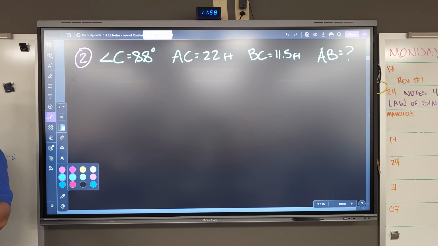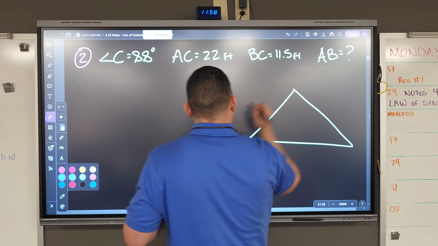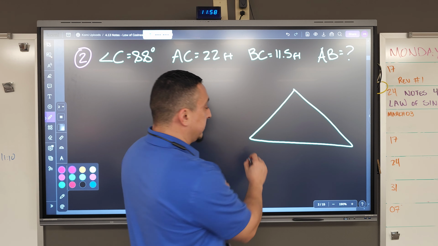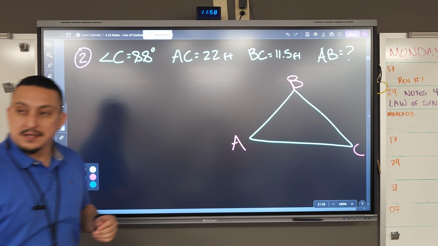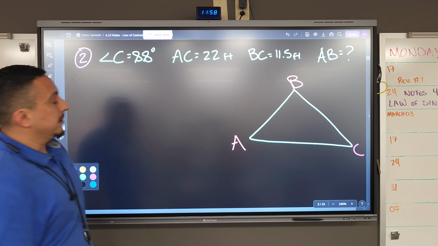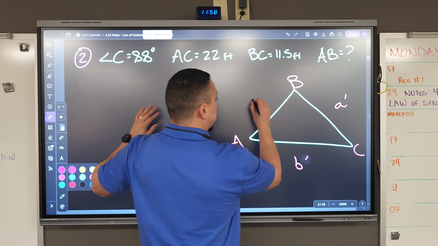They use different labeling, and we label it how we need it. Let's just draw a triangle. It doesn't matter who you call ABC, but right now since we're working together, let's match. When you're doing this on your own, you don't have to, you could call the top A or whatever. So this is side A, side B, side C.